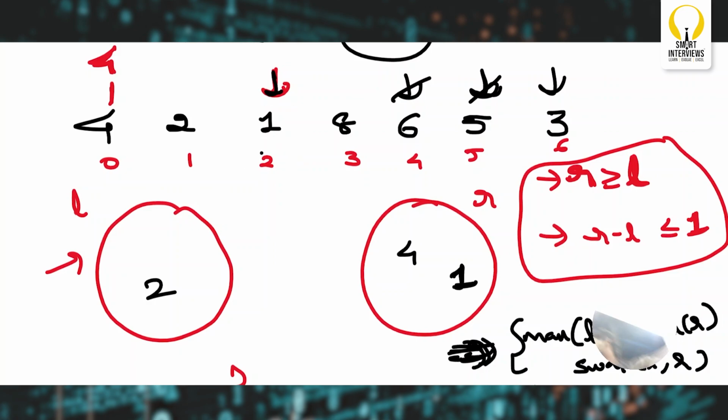By just considering the maximum from the left or the minimum from the right, and swapping them, how are we able to achieve the sorted left part and sorted right part? Very simple. Initially we are starting with one element.